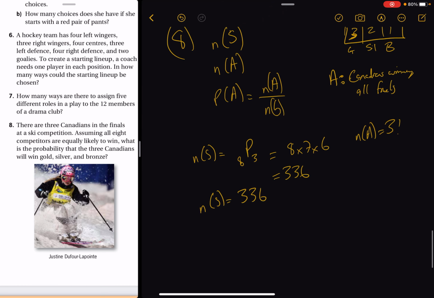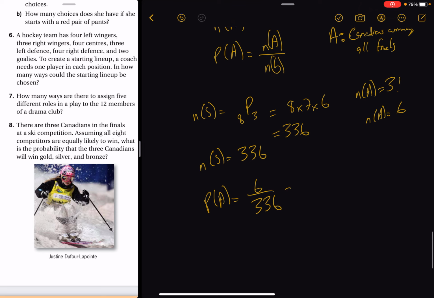So NA equals 6. So the probability of A happening is equal to 6 over 336, or 1 over 56, which is about 17.9%.